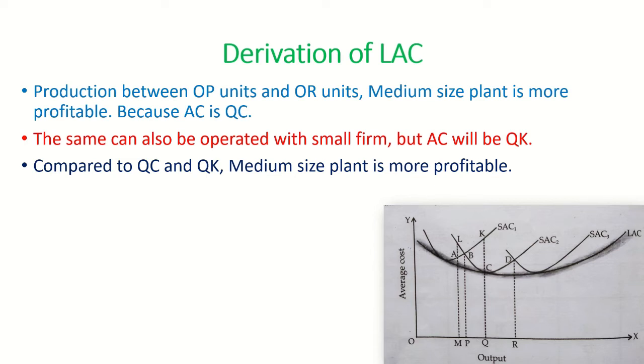But the problem is the average cost will be QK. So comparing QC and QK, we can conclude that the medium size plant is more profitable because QC is less than QK. Okay, so for production between OP units and OR units, the medium sized plant is more profitable due to the reduced average cost.